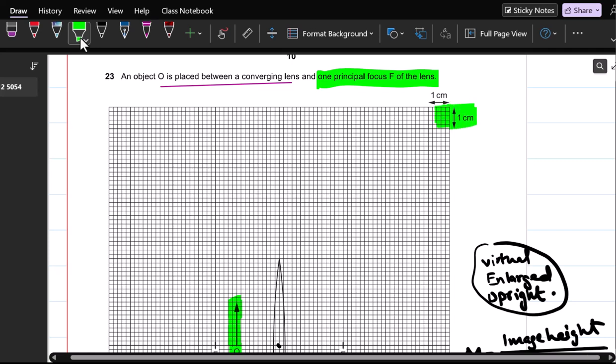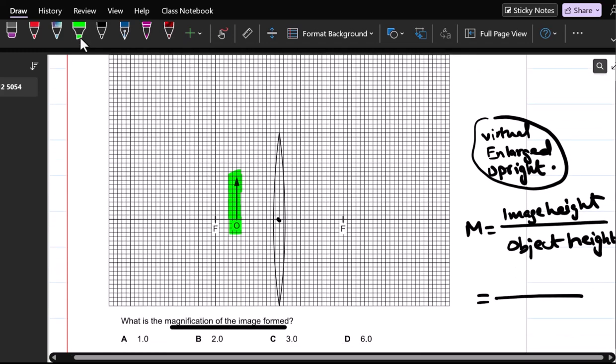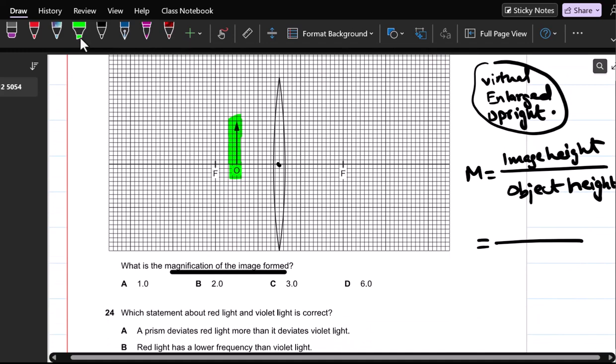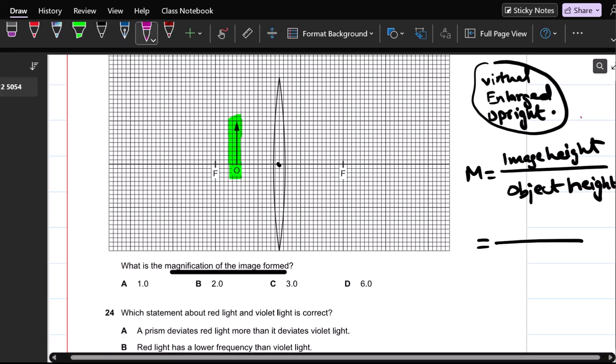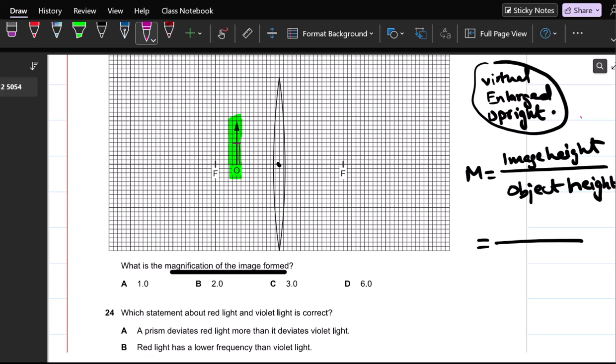Five small boxes is equal to 1 centimeter vertically and horizontally. That means on the vertical and horizontal sides, these represent 1 centimeter. So here it is 1 centimeter, till here it is 2 centimeter. Object height is 2 centimeter.